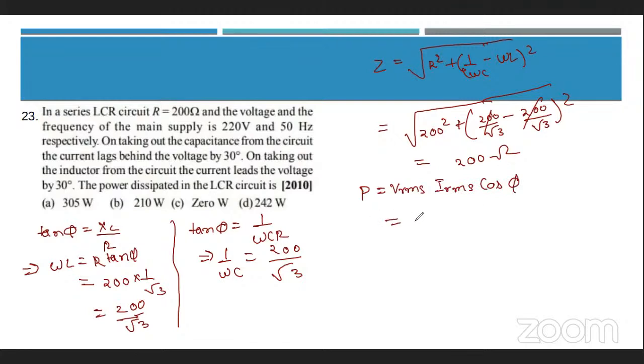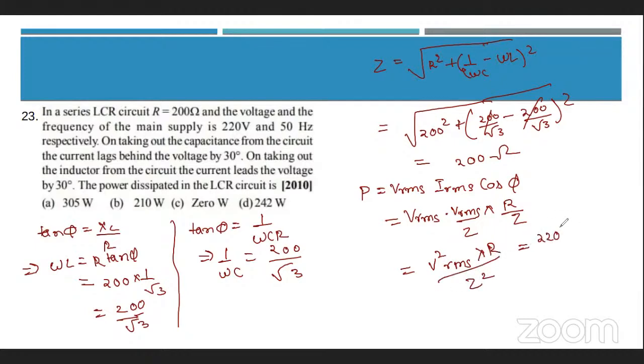Irms can also be written in terms of Vrms as Vrms upon Z. Cos phi can also be written as R by Z in the LCR situation. So power is V square rms into R upon Z square, impedance square.